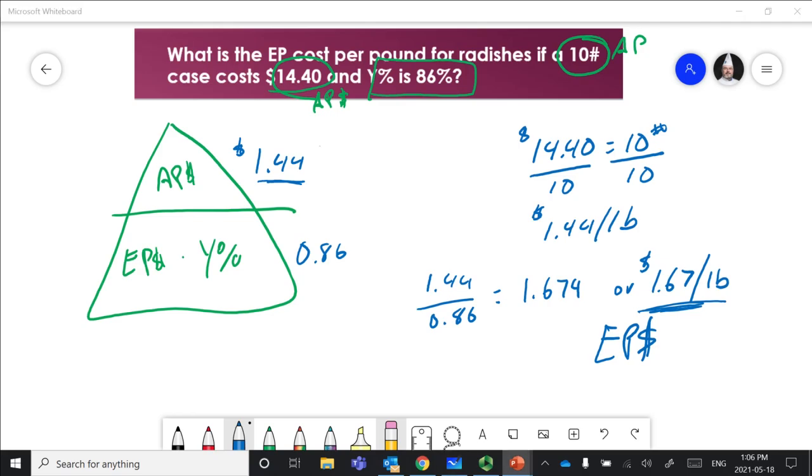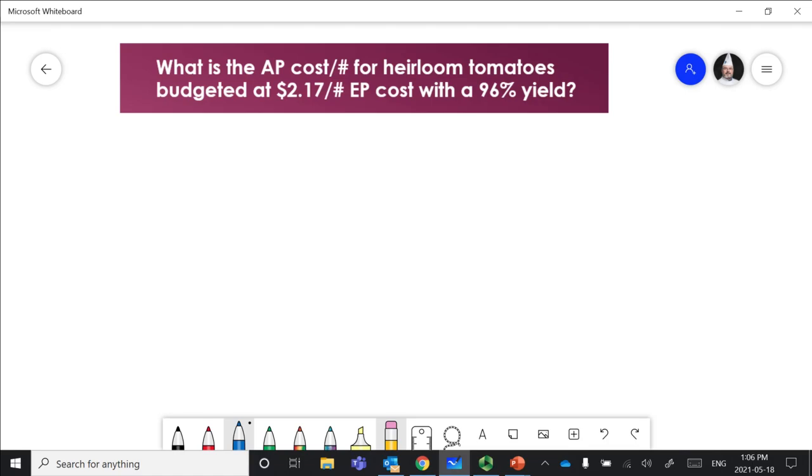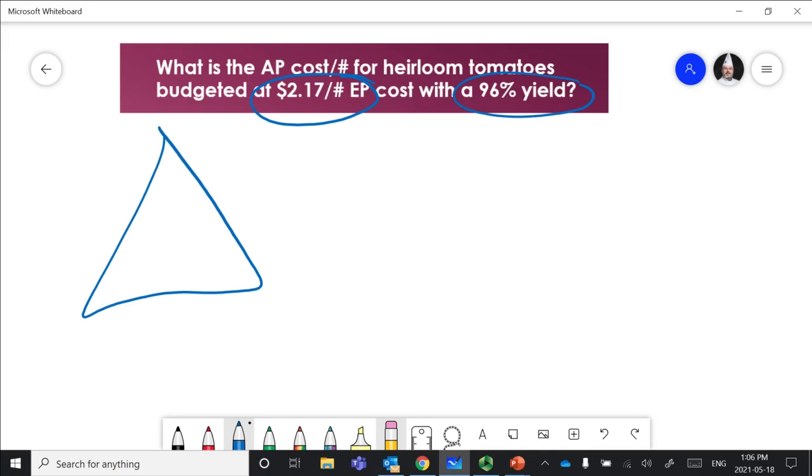Okay, one more example to illustrate this: what is the AP cost for heirloom tomatoes, budgeted at $2.17 per pound EP cost, with a 96% yield? So nice of them to identify that's already EP, right? We have our yield. So if we remember our triangle, AP dollars, EP dollars, yield percentage, dollars didn't come up there.